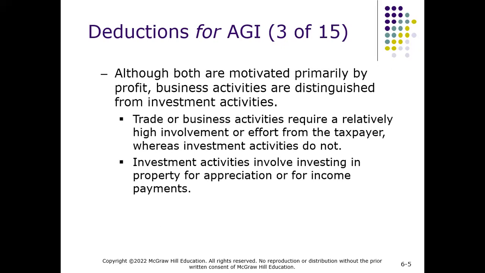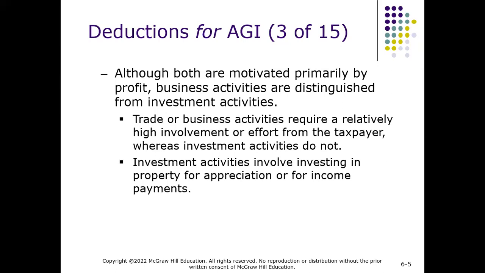But we want to make sure you understand that expenses related to profit motive here, such as our trade or business, are allowed as a deduction for adjusted gross income as long as they meet the guidelines for deductions. As I said, we will be talking about them in greater detail in Chapter 9.